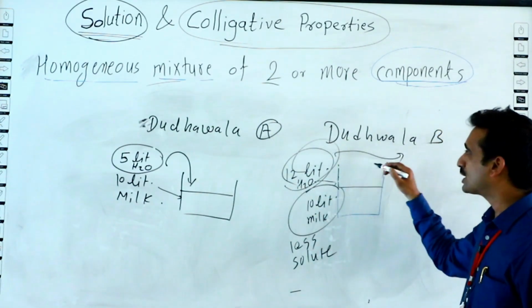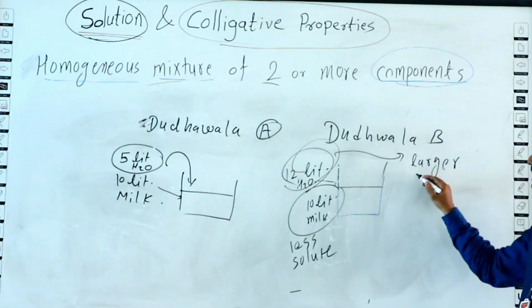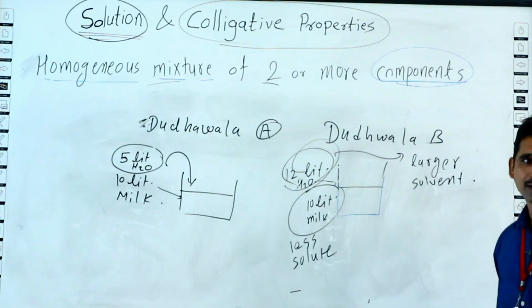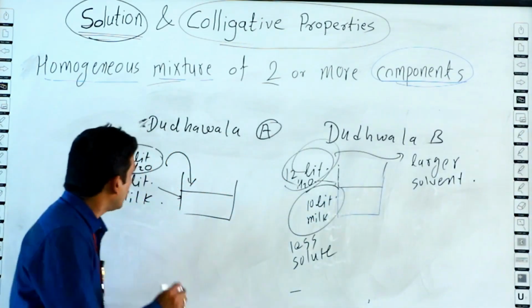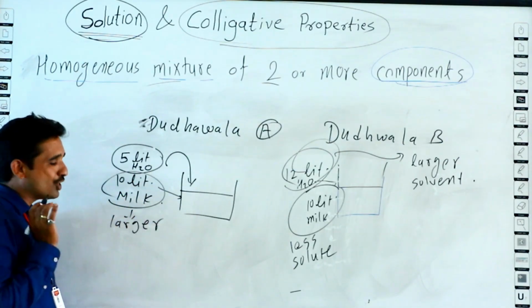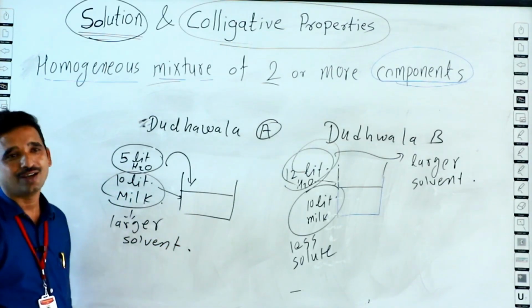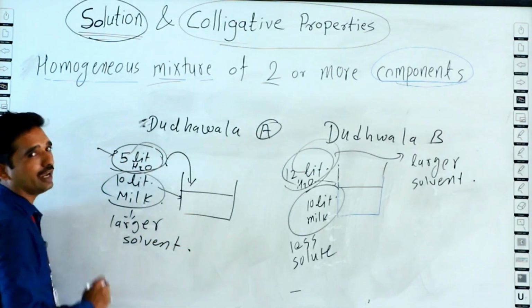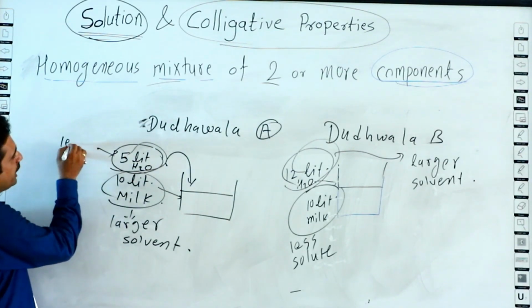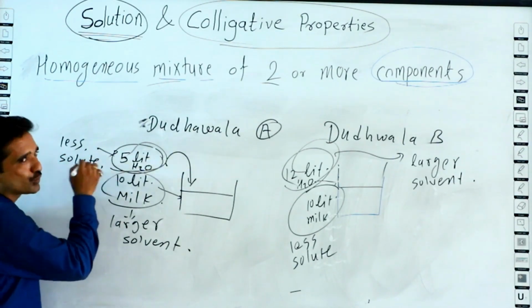Here this quantity is larger, so this is called as solvent. Here 10 liter milk quantity is larger, so called as solvent. और ये इसमें क्या है? Here quantity is less, so this is a solute.